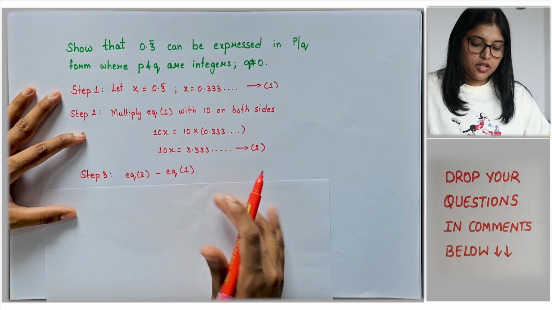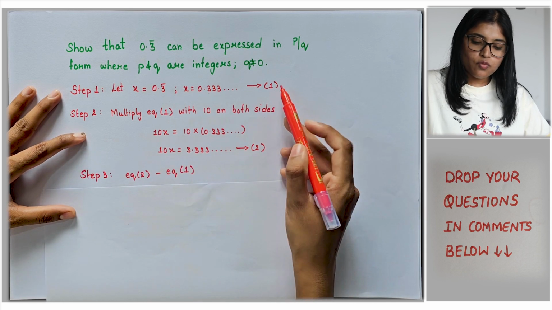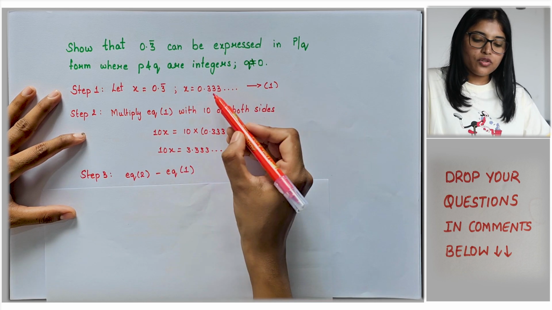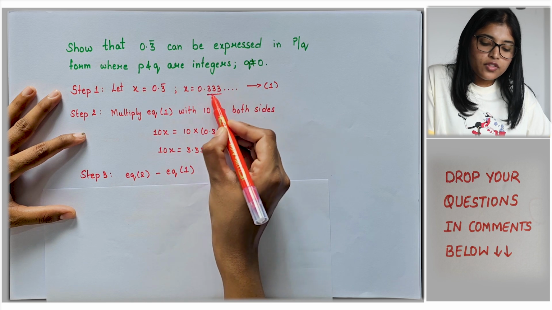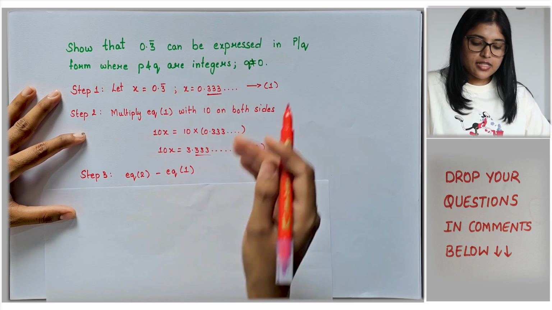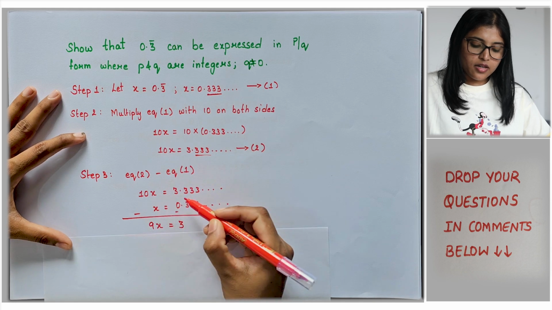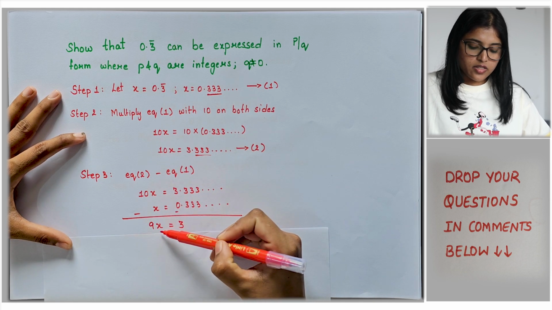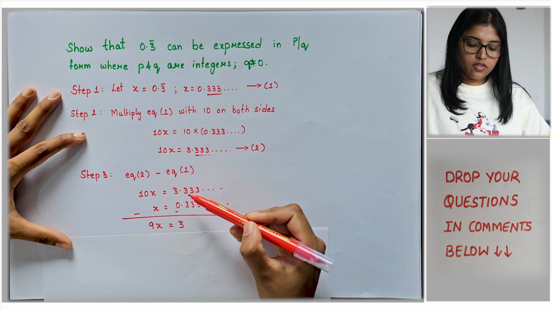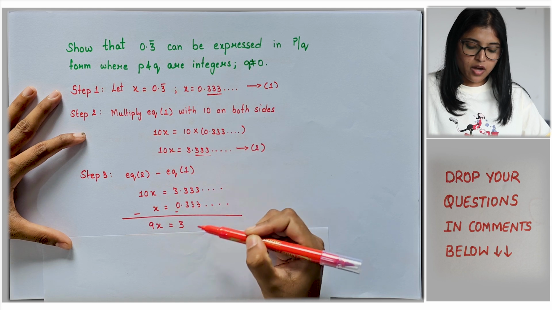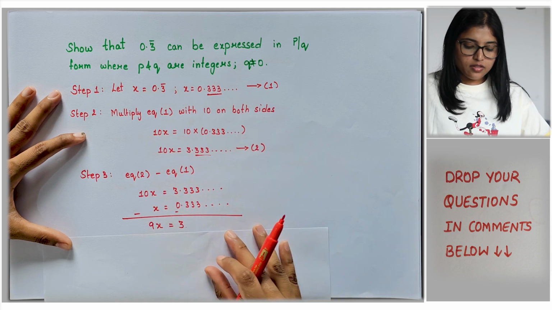The next step is to subtract equation 1 from equation 2 so that we can get rid of this recurring part. Let's see how to do that. Equation 2 minus equation 1 can be done in this way, where 10x minus x will give us 9x and 3.3 bar minus 0.3 bar will be left with 3.